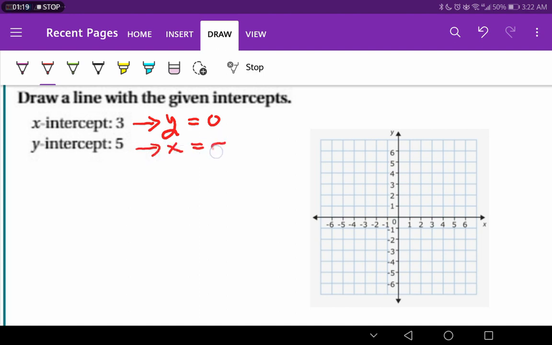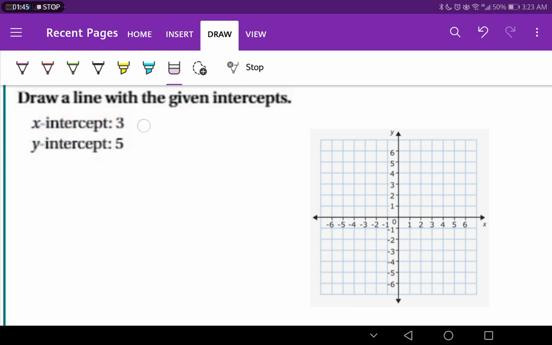It is a song, yes? You have to memorize this song, my dear student. You can repeat it now. X-intercept y equals 0 and y-intercept x equals 0. You memorized this song? Good.